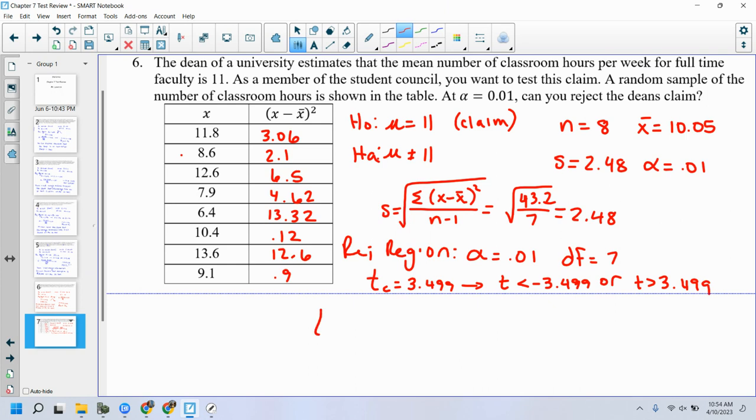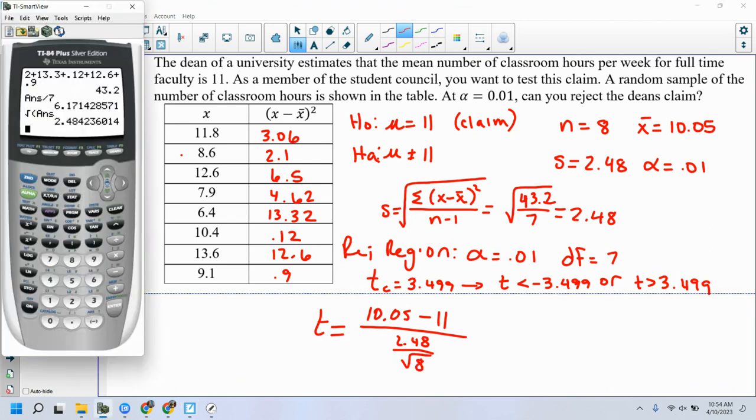Let's see what we got, though. T is equal to x bar, 10.05, minus mu, divided by s divided by the square root of, now be careful, the square root of 8, not 7.